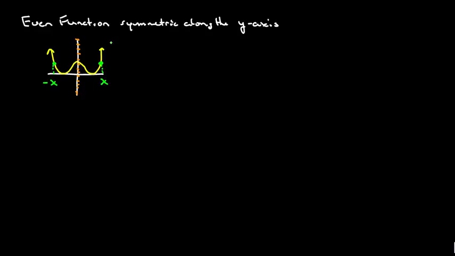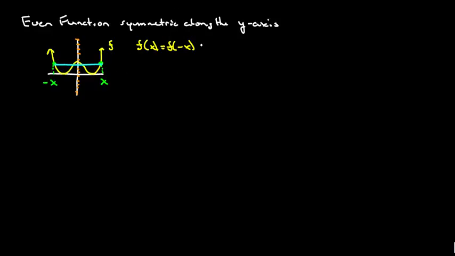So if this is a function f, it tells us that f at x gives us a height out, but that height is the same as the height when you plug in negative x. These guys both have the same height. That's why this is the property of an even function.